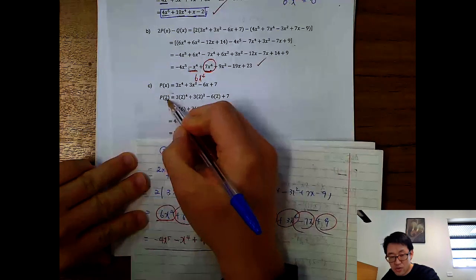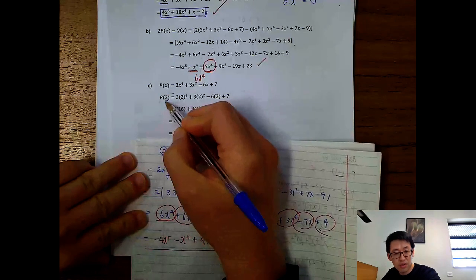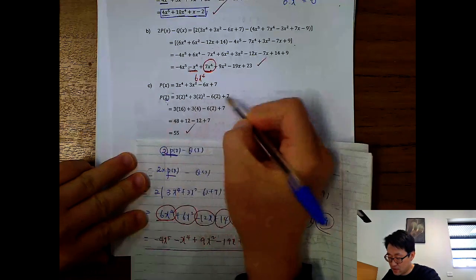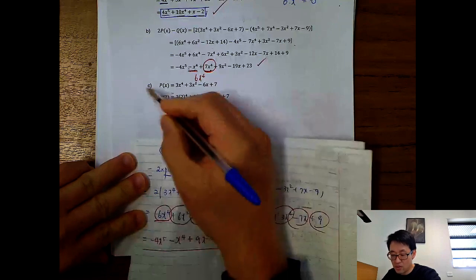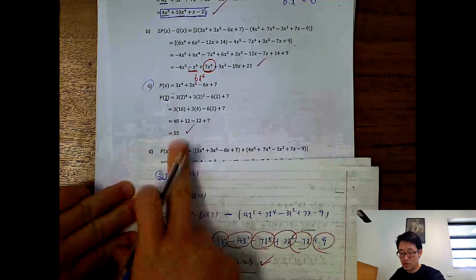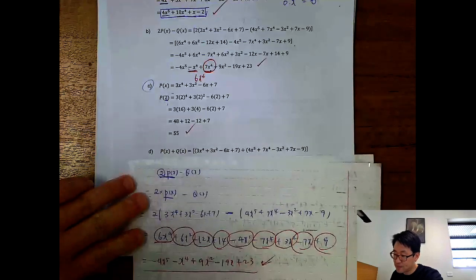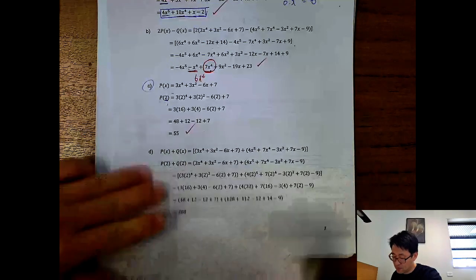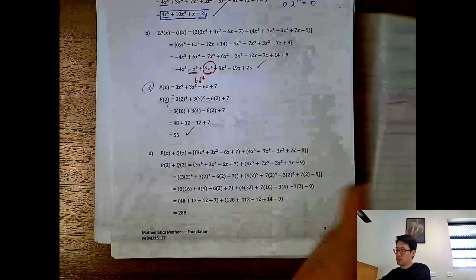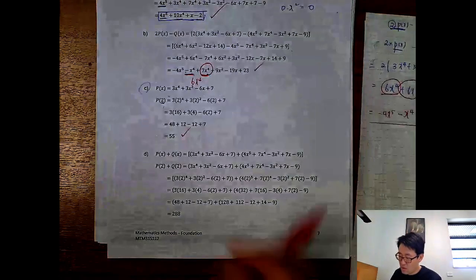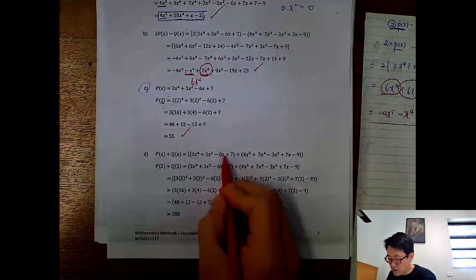C. Px, when x is 2, all you need to do is plug in 2 into x. We've done that, so you can try that one. You do it, and then double check. Next one. Px plus qx is this.